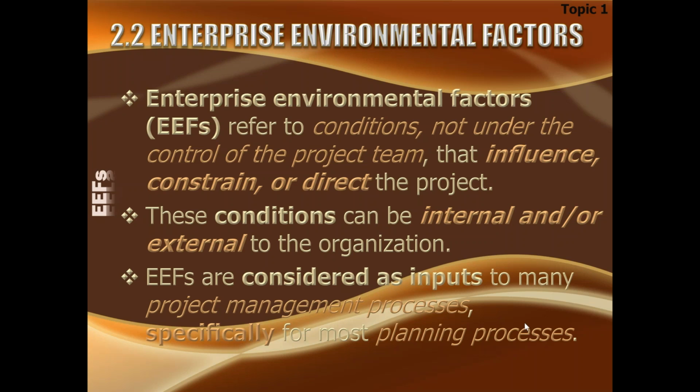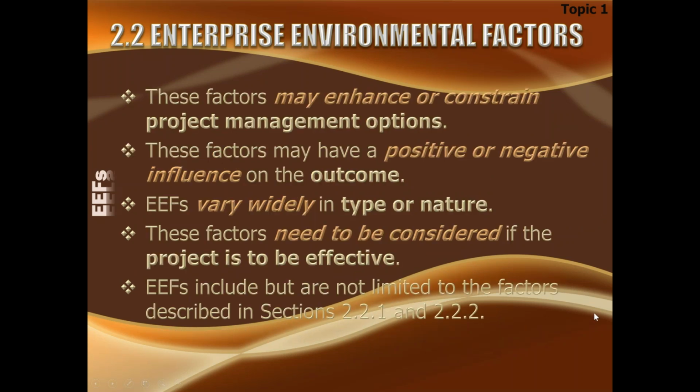Now, similarly, organizational process assets are also inputs to most of the processes during planning and even later also. So if somebody says that these two things, enterprise environmental factors and organizational process assets, are to be input to every process of project management, like the 49 processes, I don't mind saying that. There is no problem in that.